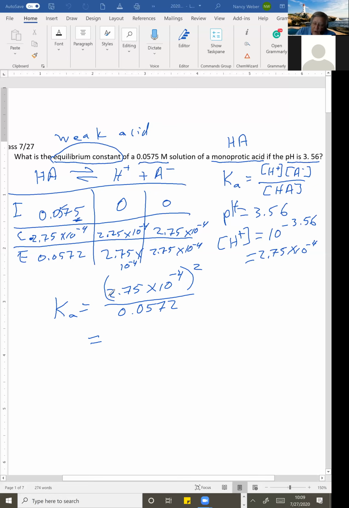When you go to square this number, it needs to be in parentheses, or have it as the answer from the previous problem. The reason is if you just square the end, it'll just square the -4. It won't square everything. And this came out 1.32 times 10 to the -6th. Any question on that?